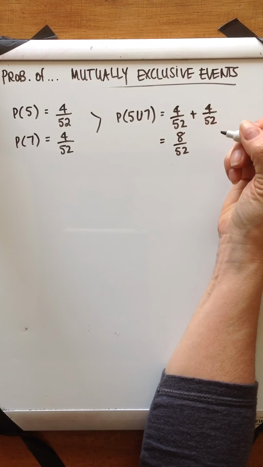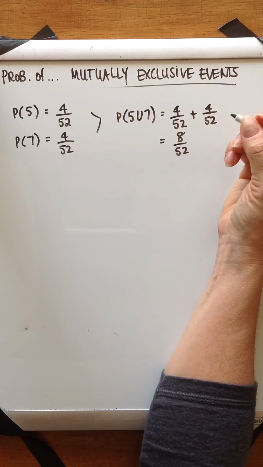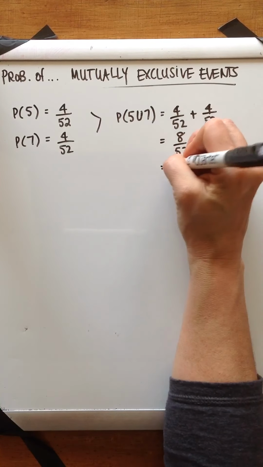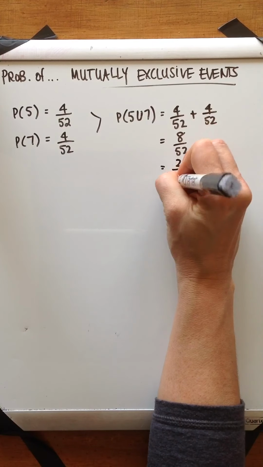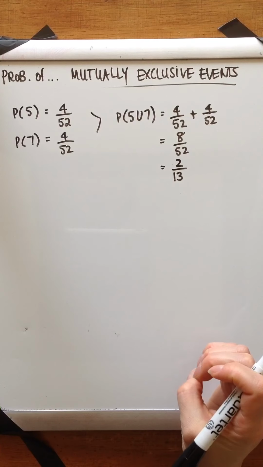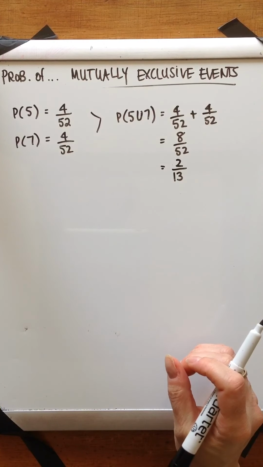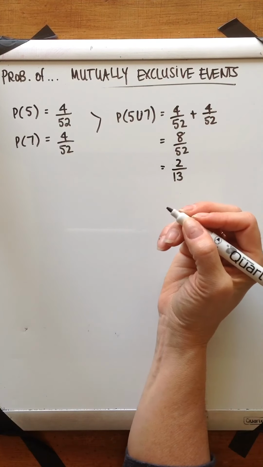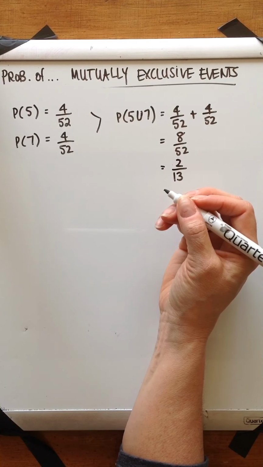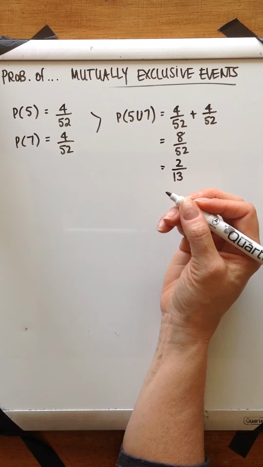We can reduce these both down. They're both divisible by 2, but they're actually even bigger than that. They're both divisible by 4. And if you divide top and bottom by 4, you will get a 2/13 probability for those events in an OR scenario occurring. Now what happens if you continue with this deck of cards, but let's say you want to have a face card or a black 4?